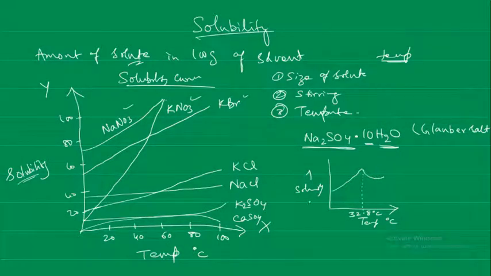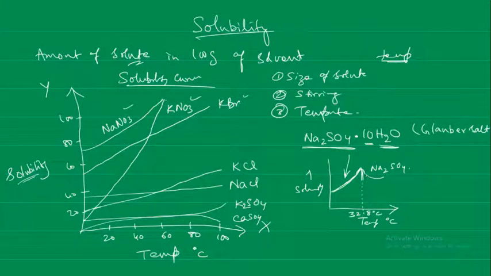Okay, so below 32 degree centigrade, it is in a hydrated form. Okay, but after the increase in temperature of 32.8 degree centigrade, it loses its hydration and it is simply sodium sulfate. Okay, so this anhydrous form of sodium sulfate is found at the temperature above 32.8 degree centigrade.